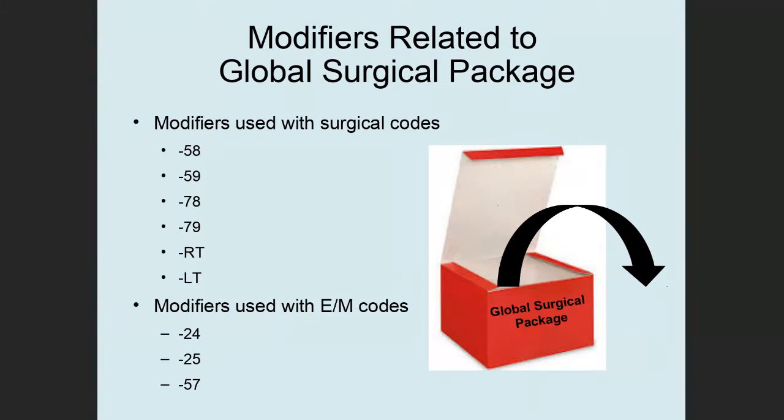For surgical codes, we're going to talk about 58, 59, 78, 79, RT, LT. With E&M codes, we're going to talk about 24, 25, and 57. These modifiers are added to CPT codes with a dash, such as 49000-58. We will discuss each of these modifiers.